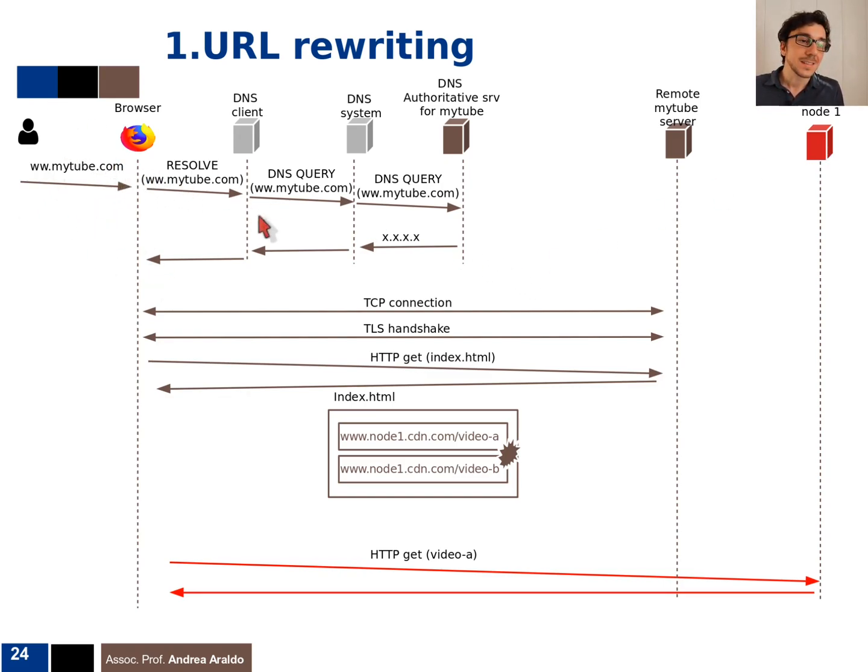All the steps are as before, okay? So there is a DNS resolution. The browser now knows the IP address of the MyTube server, and it downloads an index.html. But look at this. Now the links are modified.